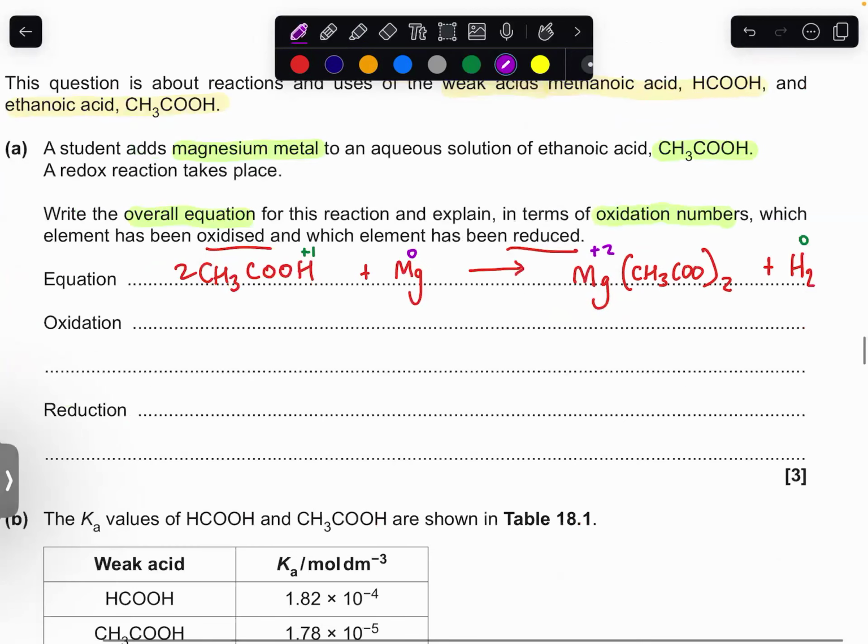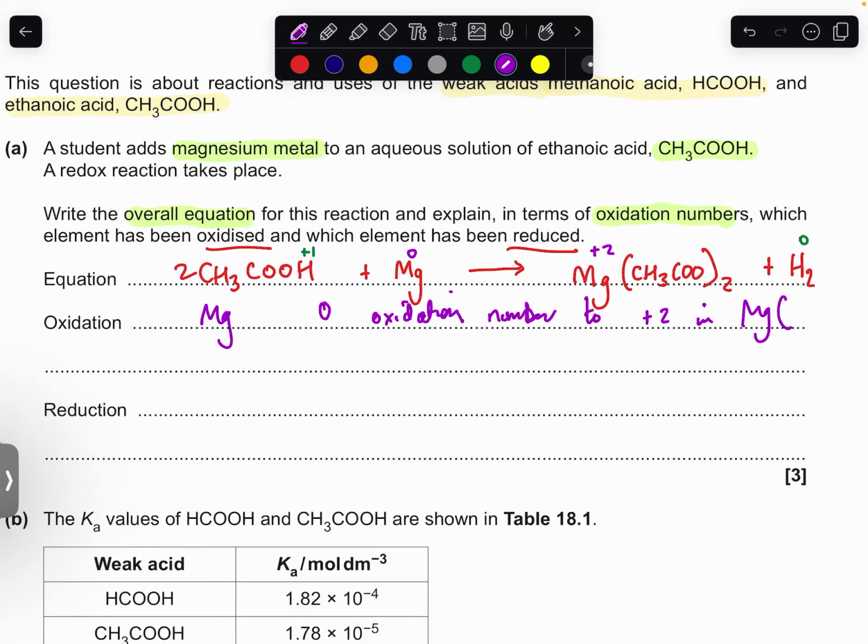So which one is losing electrons? Magnesium is going from oxidation number 0 to +2 in Mg(CH3COO)2. It has been oxidized because it's lost electrons. What's been reduced?